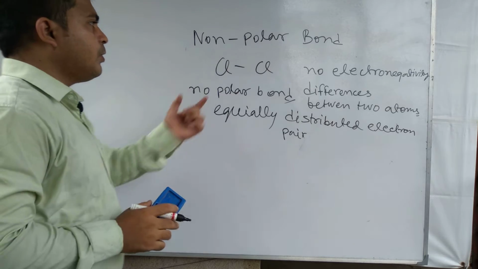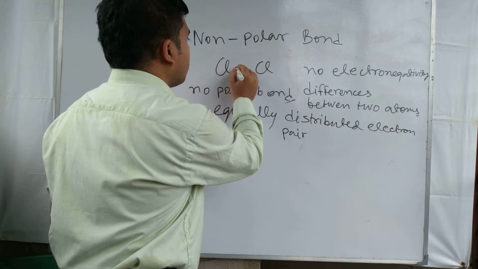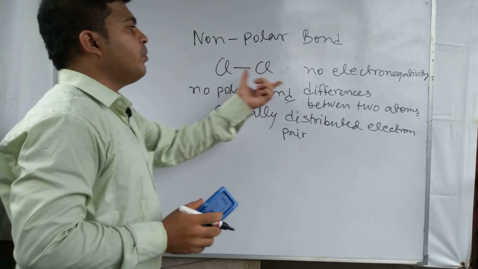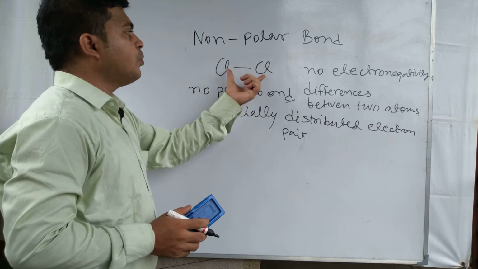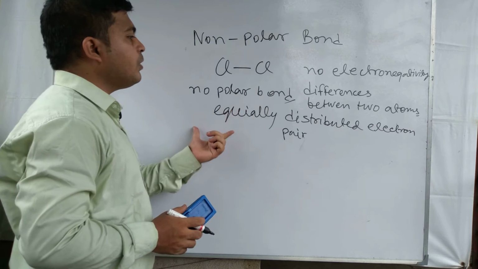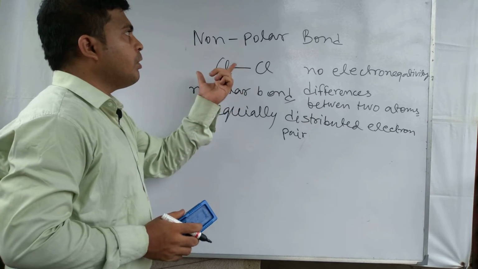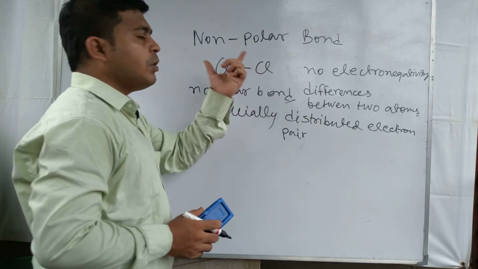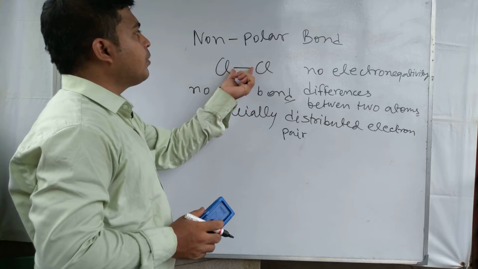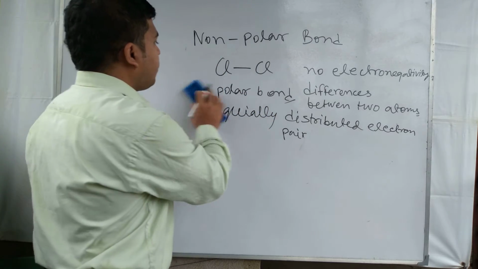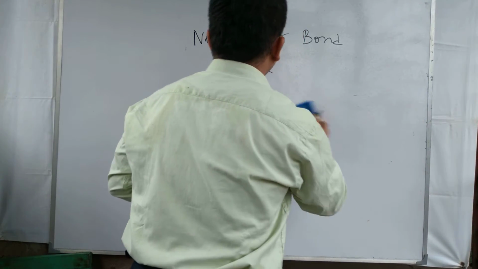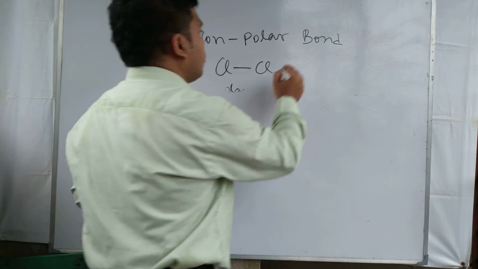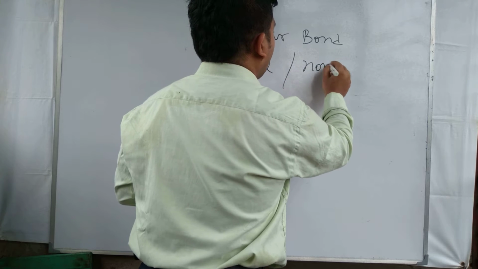For the Cl2 molecule, there is no electronegativity difference between the two Cl atoms. The electron pair is equally distributed to each atom, and for this reason this molecule is non-polar and the bond is non-polar. A molecule containing a non-polar bond is called a non-polar molecule.